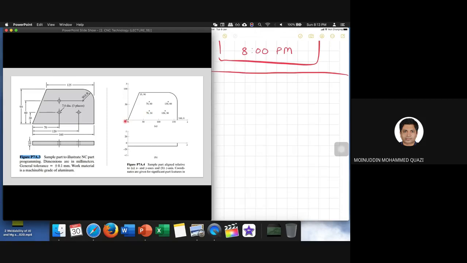Our origin is 0, 0, and our hole number 1 is located at 70 millimeters on the x-axis and 30 millimeters on the y-axis. Similarly, hole number 2 is located at 120x and 30y. And hole number 3 is located at 70x and 60y.